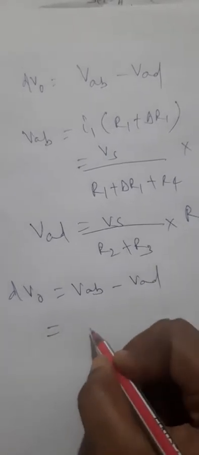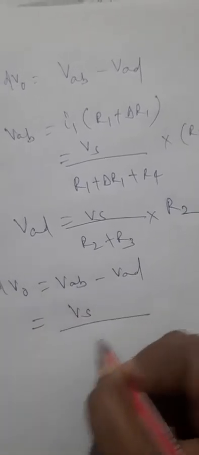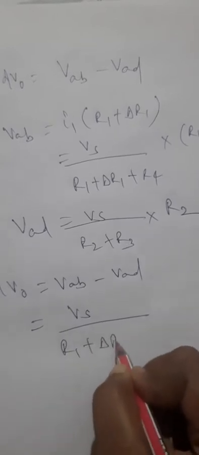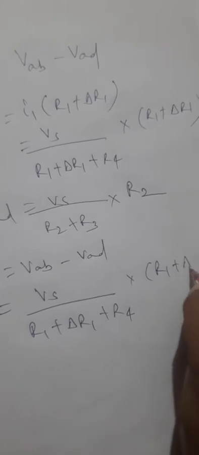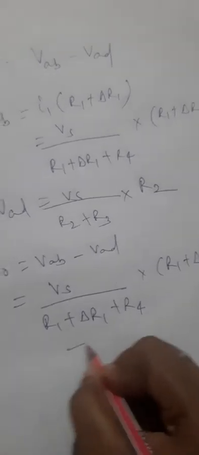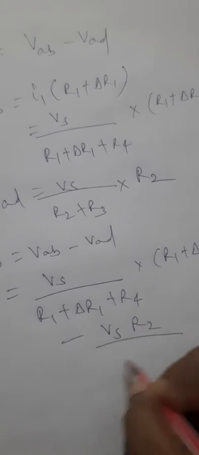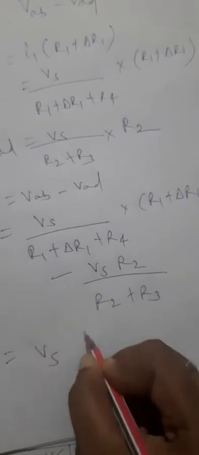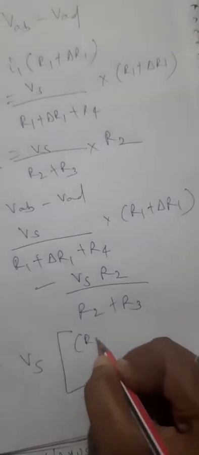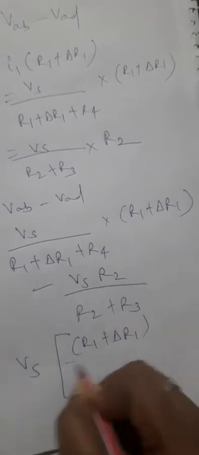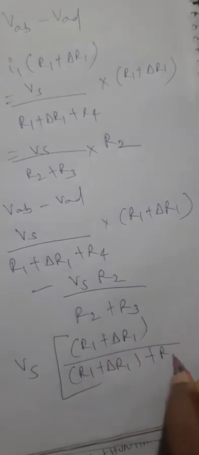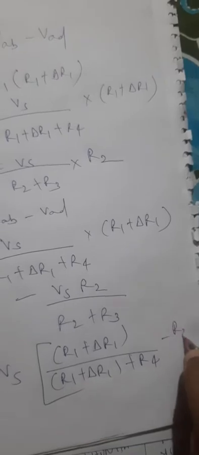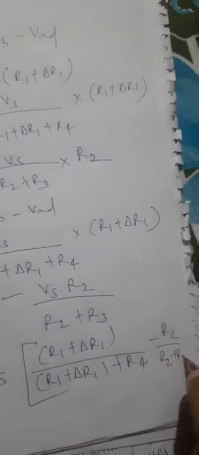That is equal to V supply divided by R1 plus delta R1 plus R4, into R1 plus delta R1, minus V supply into R2 divided by R2 plus R3. If we take V supply as common, then that will be R1 plus delta R1 divided by R1 plus delta R1 plus R4, minus R2 divided by R2 plus R3.